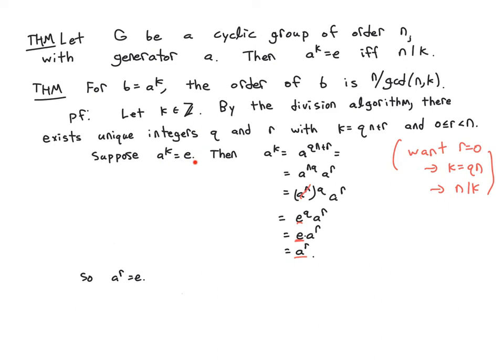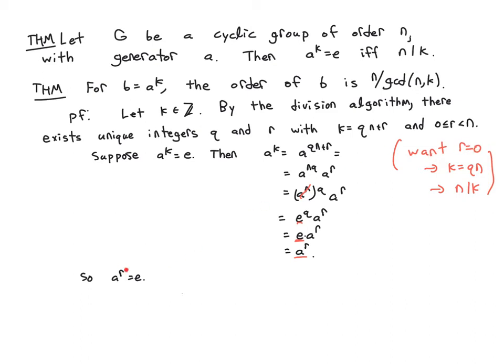However, since a to the k is equal to e, we have that a to the r is equal to e. So we now have a power r that's less than n, such that a to the r is equal to e. Remember the definition of order, it's the smallest positive integer such that a to the n is equal to e. So we want r to be equal to 0.